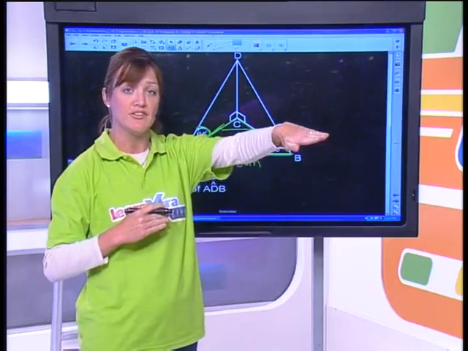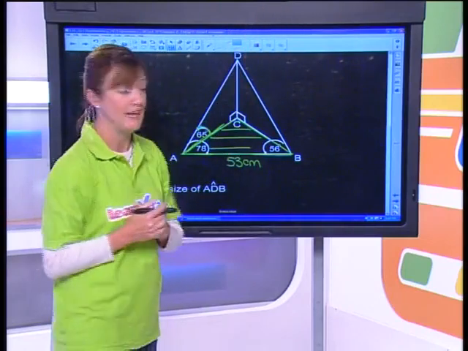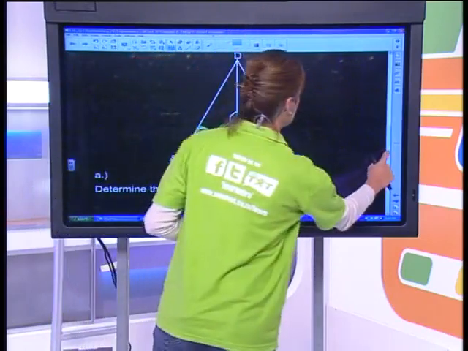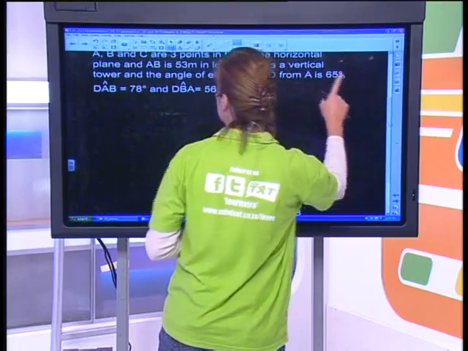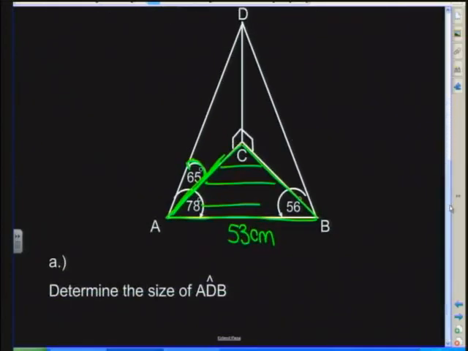Okay, so that's your angle of elevation. From the flat horizontal viewpoint, we're looking up to the point they're specifying over there. Okay? And anything else have they told us? And then we've got angle DAB, which is 78, and DBA, which is 56, which has actually been filled in on the diagram for us.